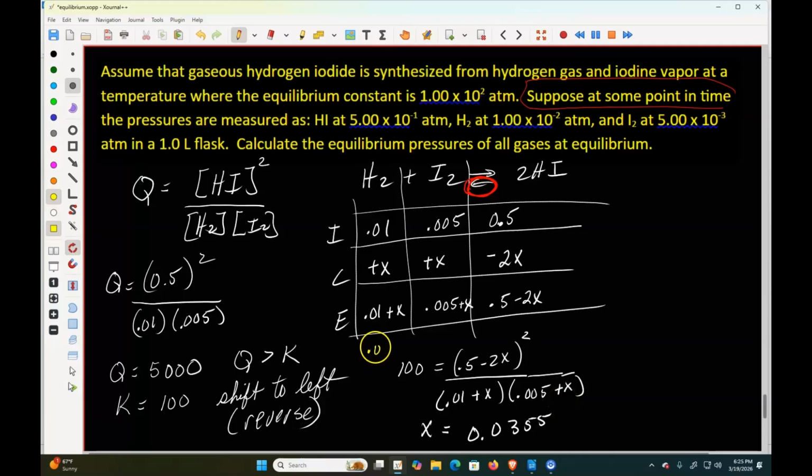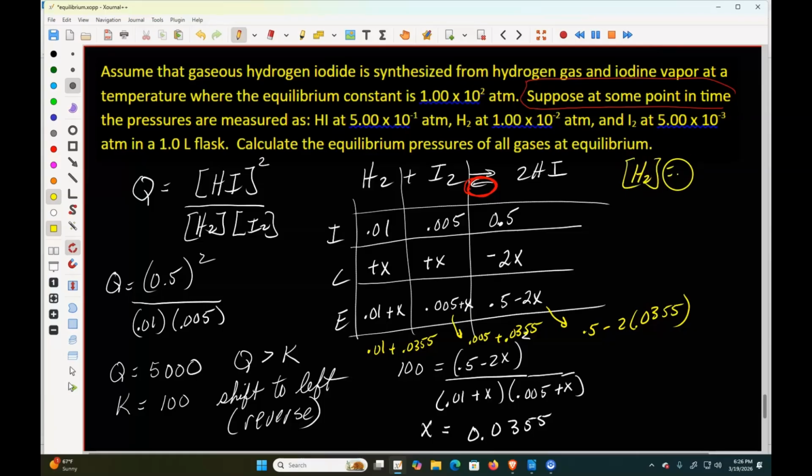That means that this is 0.01 plus 0.0355. This one is 0.005 plus 0.0355. And this one is 0.5 minus 2 times 0.0355. So that'll give me, we'll write them here.